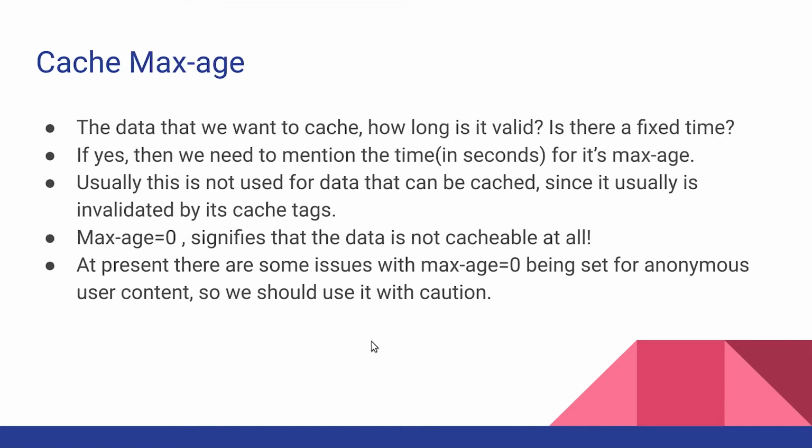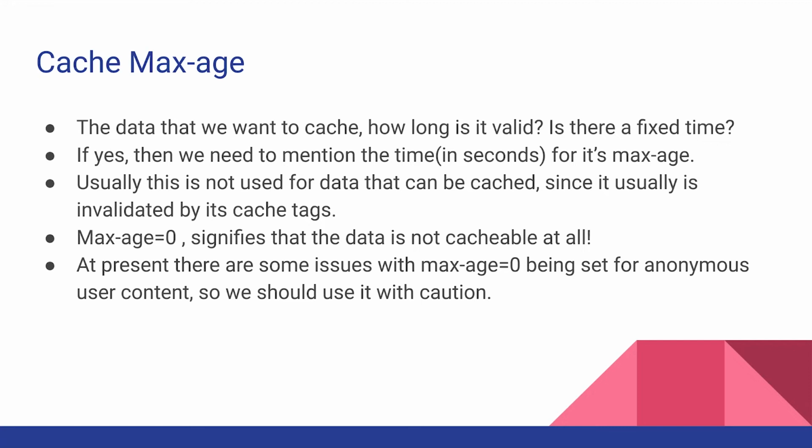And finally, we come to cache max-age. We don't use this feature much because Drupal already provides us with cache tags and cache contexts. But even so, for the cached entity, is there any specific time period after which it should get invalidated?